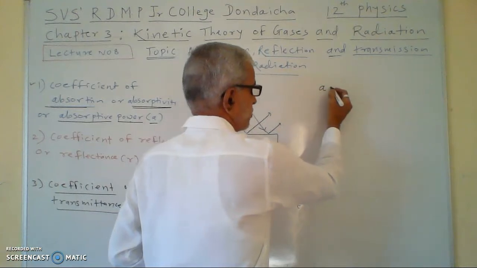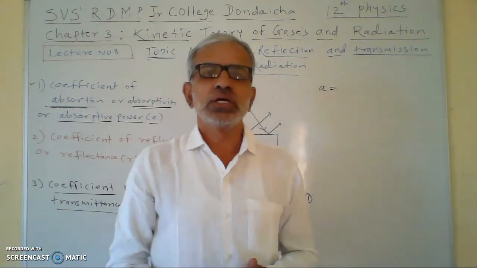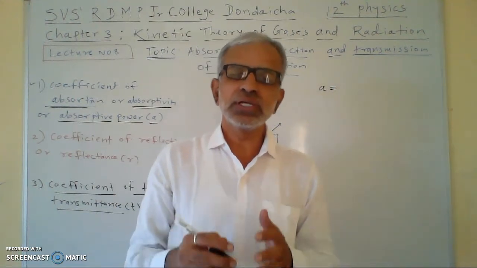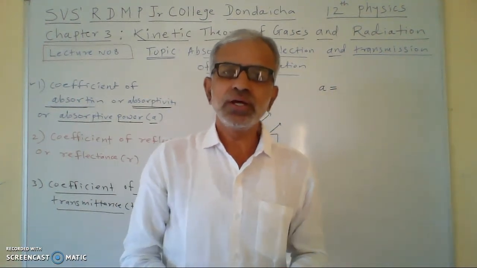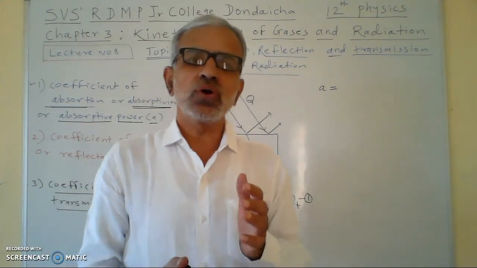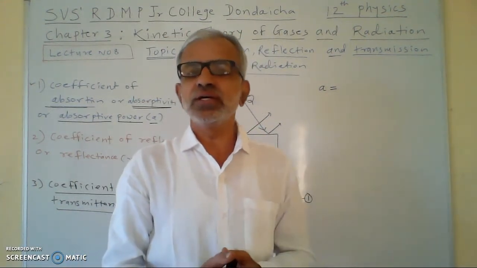Now coefficient of absorption of a body at a given temperature is defined as the ratio of quantity of heat absorbed by the body to the quantity of radiant heat which is incident on that body.